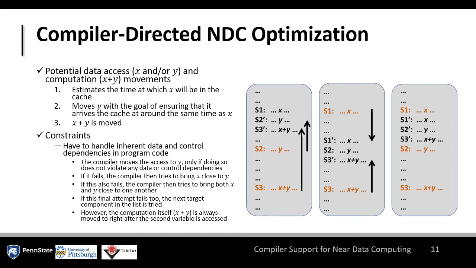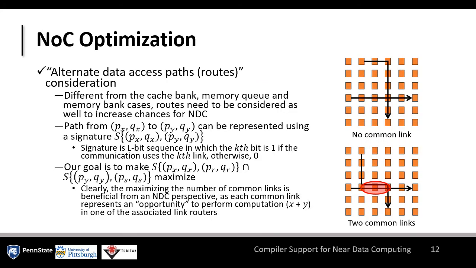In the second case, I'm keeping the access to Y in this place and moving X and X plus Y. In the third case, I'm moving all 3 of them. This is the most general case, but I want to emphasize that all these movements are performed in a dependency aware fashion. In other words, the compiler moves the data access and computation if and only if it doesn't violate any data dependency.